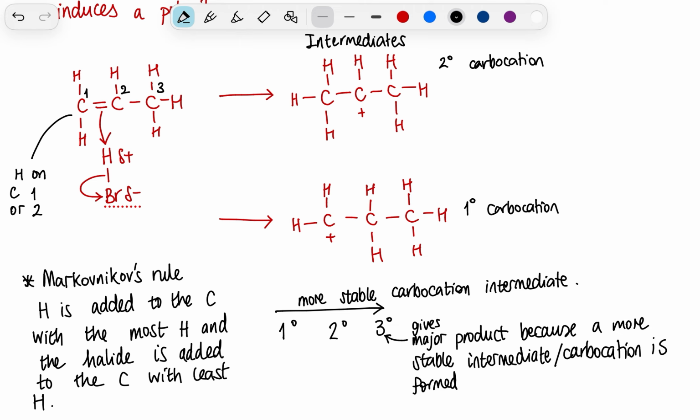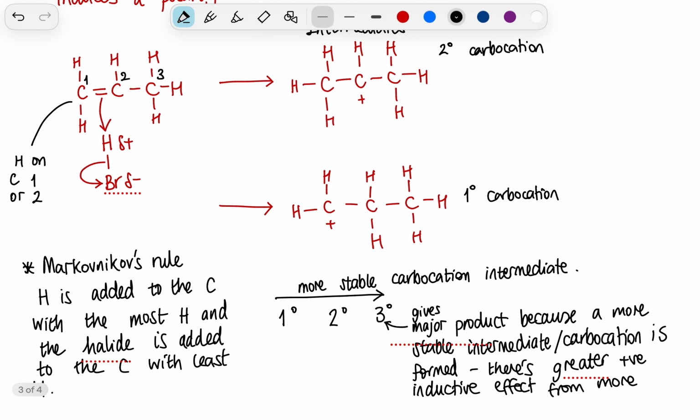This is normally because there's greater positive inductive effect from more alkyl groups stabilizing the positive charge.